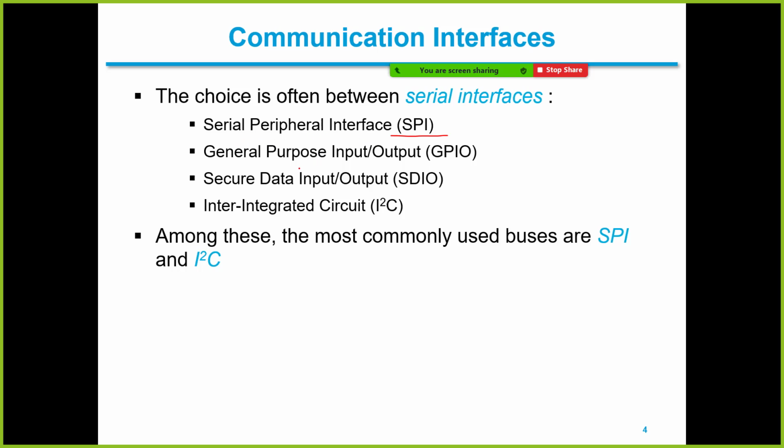Another is GPIO, general purpose input output. I think GPIO is mentioned a lot, not only for wireless sensor nodes, but sometimes for any kind of embedded system application. So this term GPIO is used a lot.